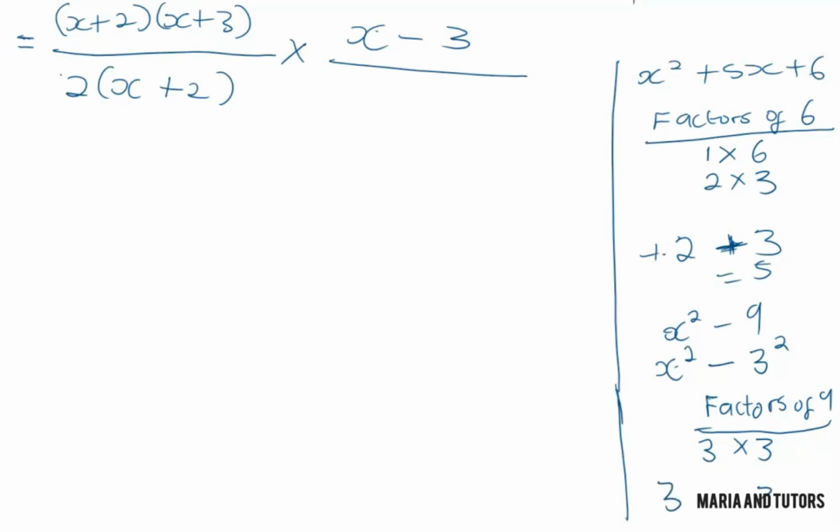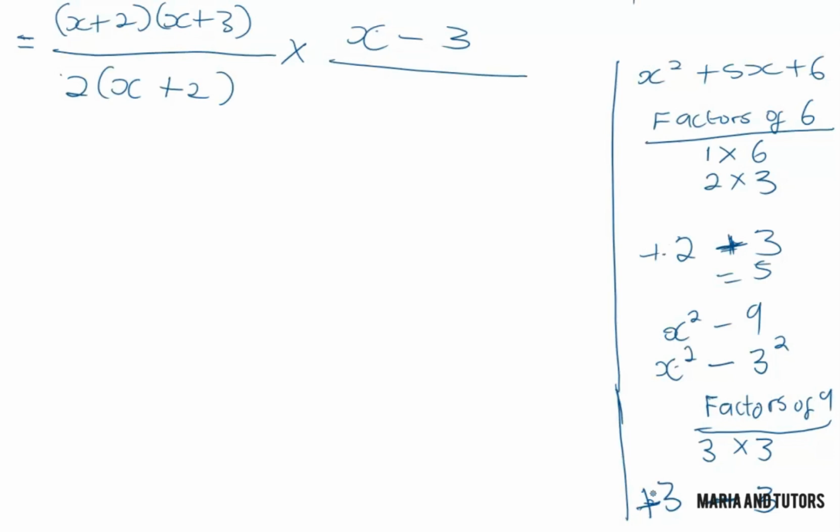So we have to allocate our signs. As you can see, the coefficient of x is 0. So we have to allocate the signs in such a way that when the two numbers are added or subtracted, they give us 0. To do that, we're going to make one number positive and the other one negative.